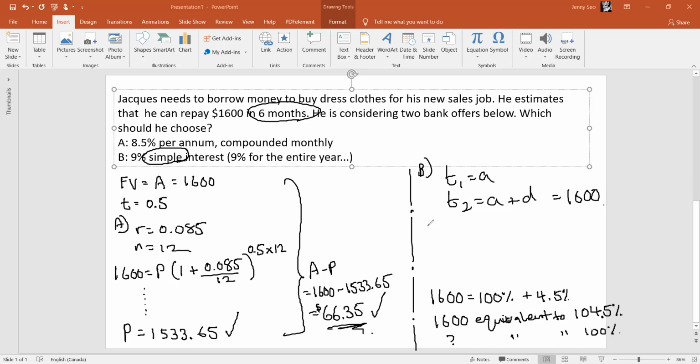If 1600 is to 104.5%, then what amount is equivalent to 100%? If you don't like these numbers, you can always use not the percent, but the actual decimal: 1600 is to 1.045. How much is to 1.00?